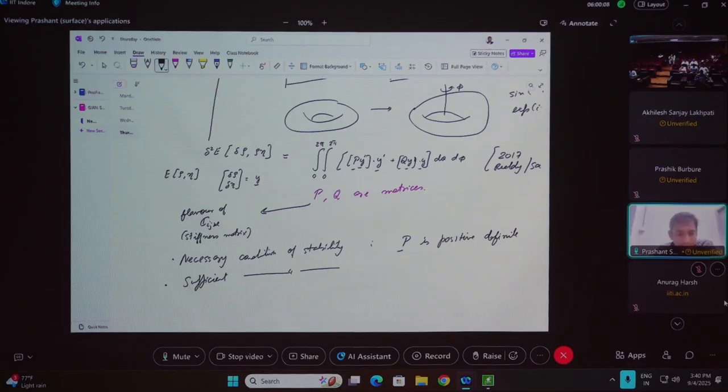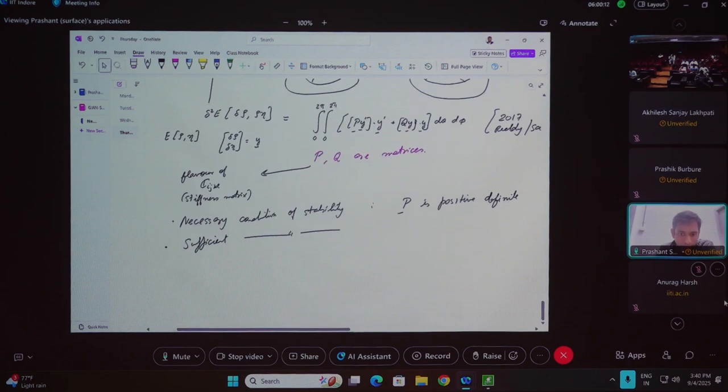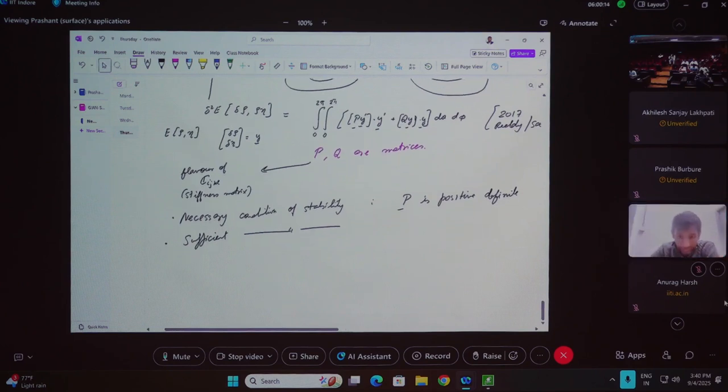But the sufficient condition, as I said a couple of days back, is very, very complex. And I'll tell you what the sufficient condition is. So, if you take P and Q and write a differential equation, now it's a new thing, right? So if you write a differential equation that looks like this, P times U prime, where U is some matrix, plus QU equal to 0.